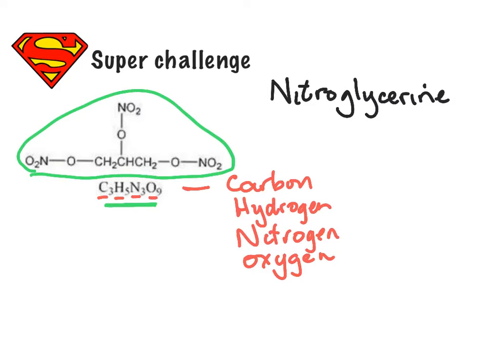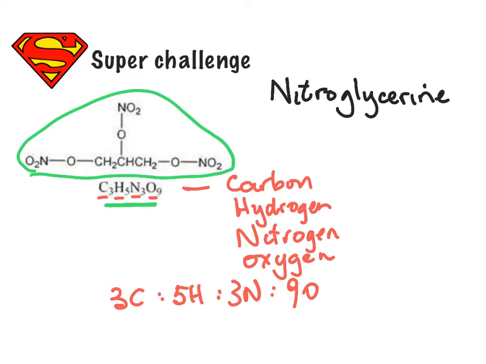And our ratios are 3 C's to 5 H's to 3 N's to 9 O's. And that's how we use our formulas to tell us what's going on. You can see there's an awful lot there.